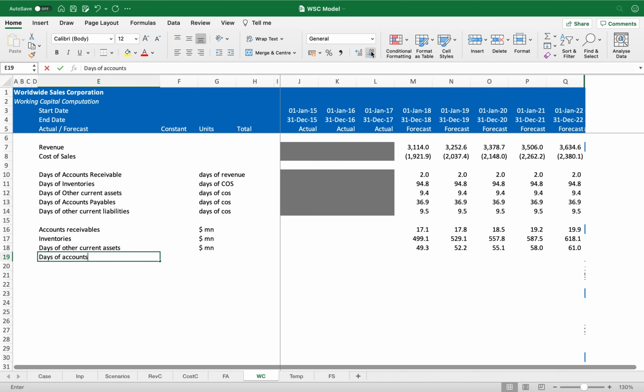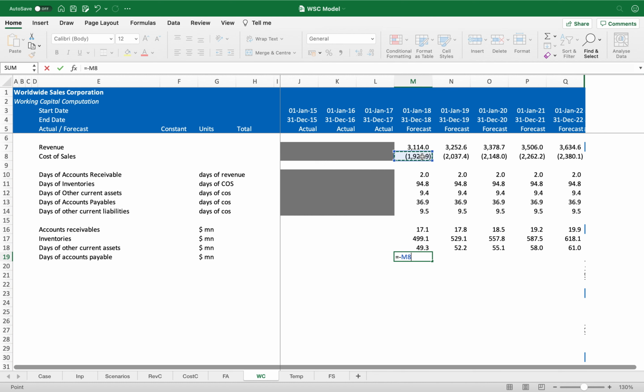Days of accounts payable, same thing, cost of sales multiplied by accounts payable days divided by 365.